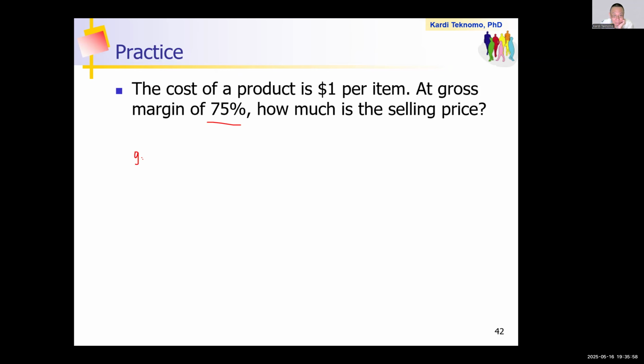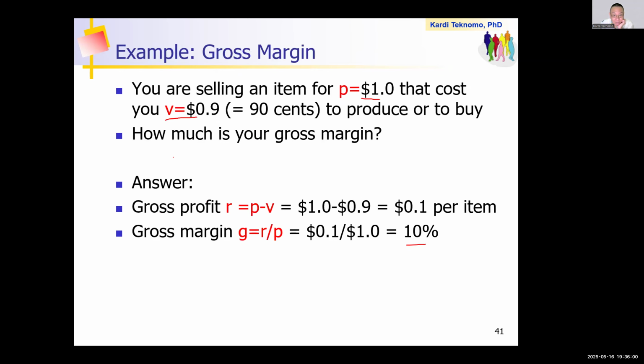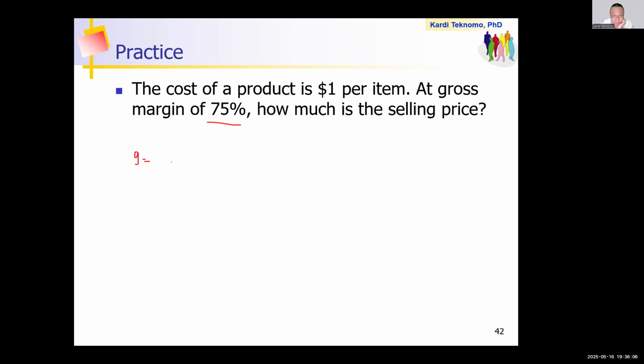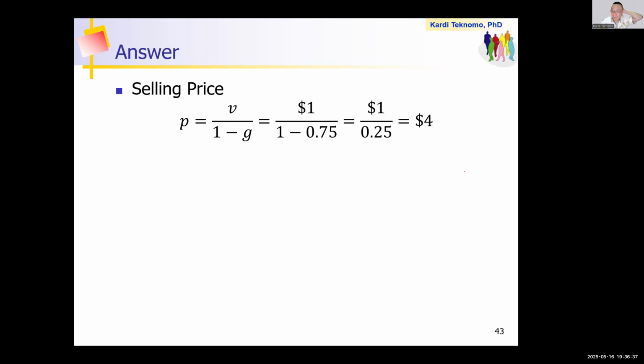G equals 1 minus V over P. I know G is 0.75, and I know the cost of the product, V. So can I get the price P? Yes, the price is just $4.